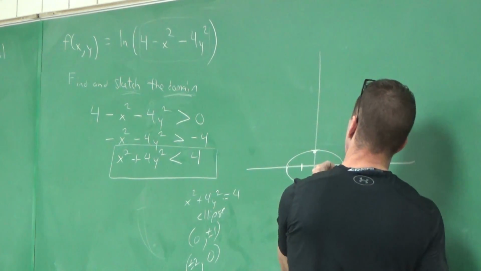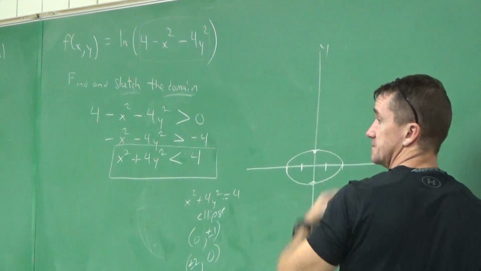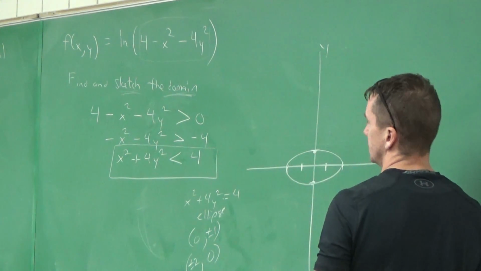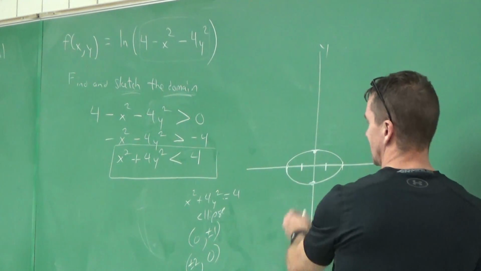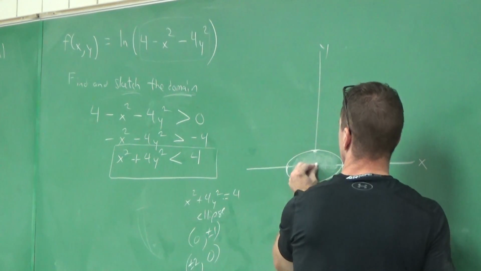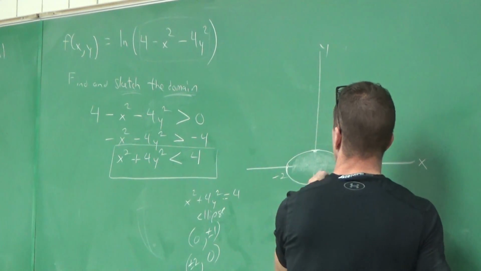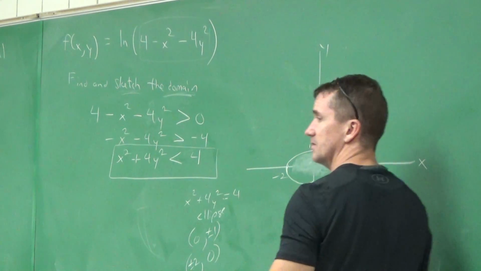And when we're sketching the domain of that multivariable function, the function of x and y, where do I shade? In between. Because it's less than, I shade inside. There it is. This is negative 2. If you want to label these, that was 1, that's negative 1. It's not a rectangle.